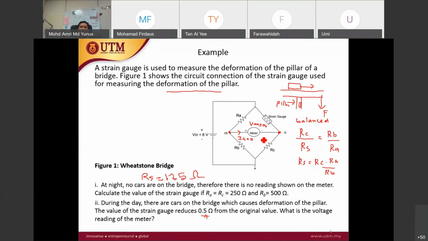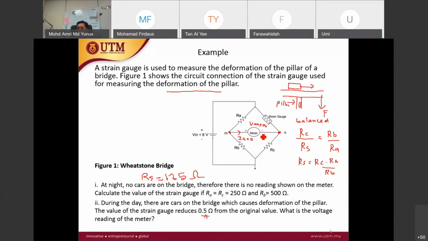I think the question does not have full information here, because we need to know the internal resistance of the meter. You need to know the internal resistance of the meter before you can calculate the value of the voltage meter.